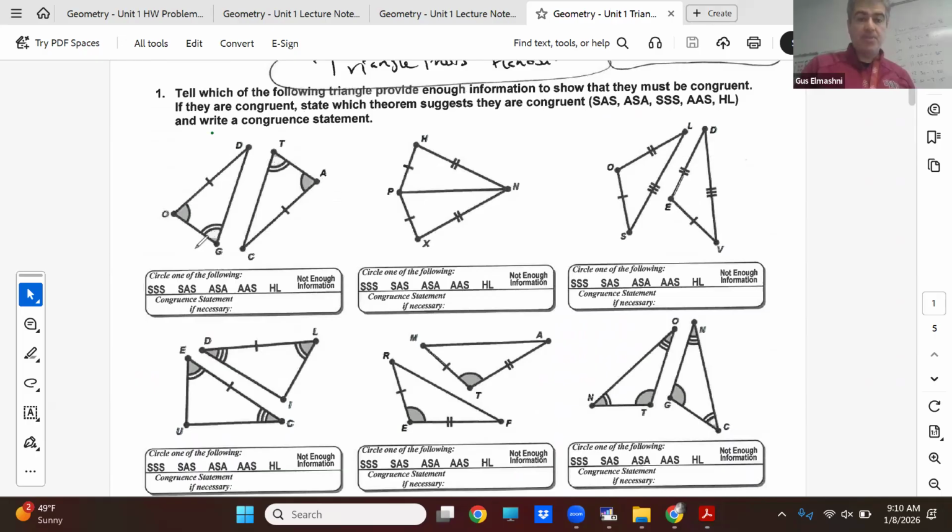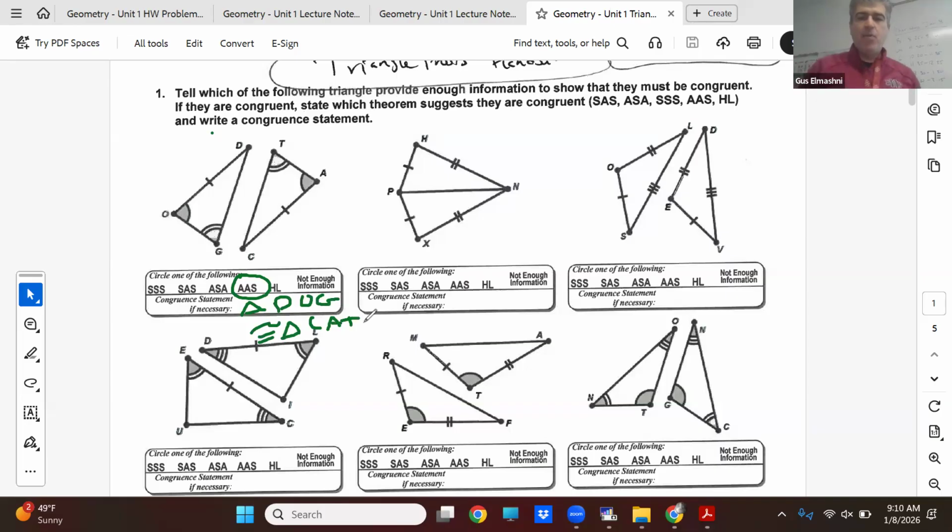Angle angle side. Yes, that's correct. And the congruent statement would be triangle DOG is congruent to triangle CAT. That was kind of done on purpose, dog and cat. So the dog is congruent to the cat.